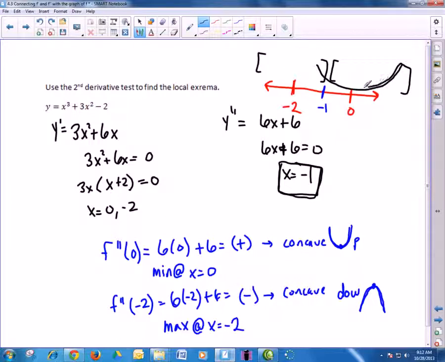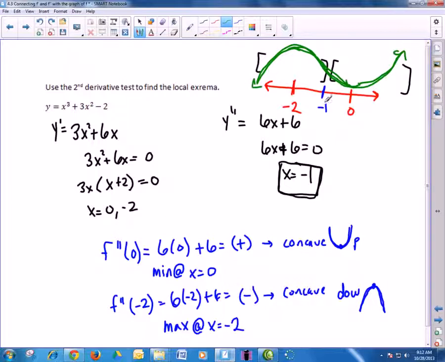I should really do that in a different color since I have all these colors. Here's our maximum, and our minimum. Then at this point it changes concavity. If we look at the graph, it should look something like this.